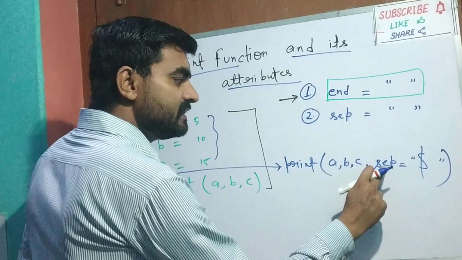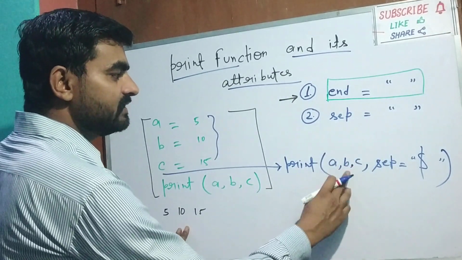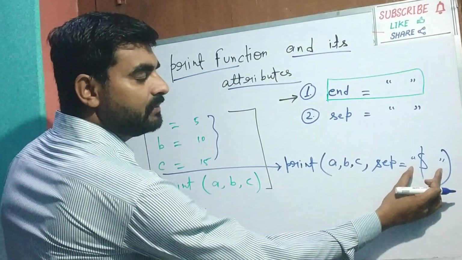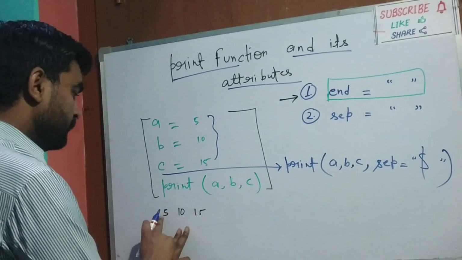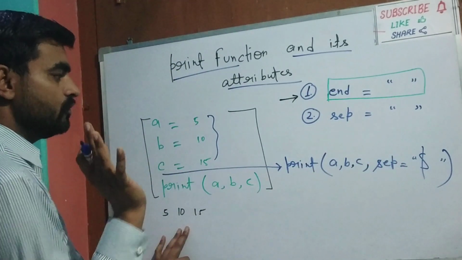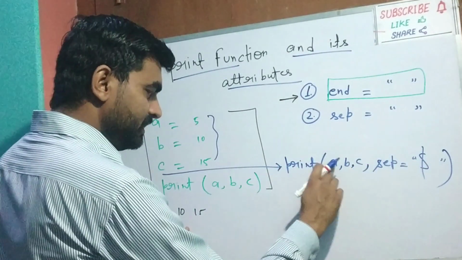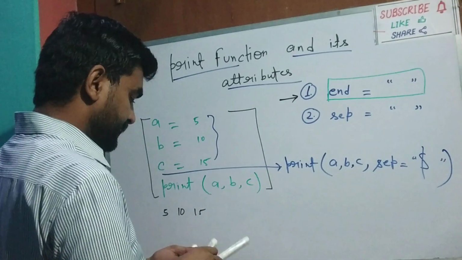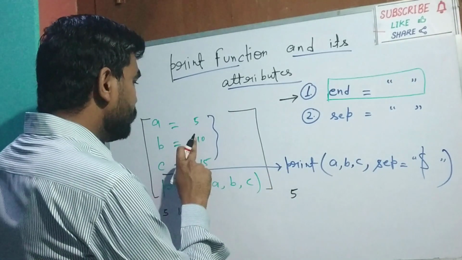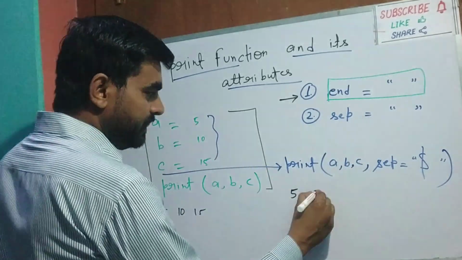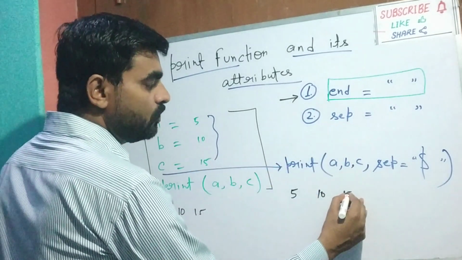This sep separates the values of these variables with the symbol which is available in the double quote marks. Here there is no separator, so 5, 10, 15 is normally printed. But here A, B, C, sep dollar means the value of A, which is 5, will print, the value of B, which is 10, will print, and the value of C, which is 15, will also print.